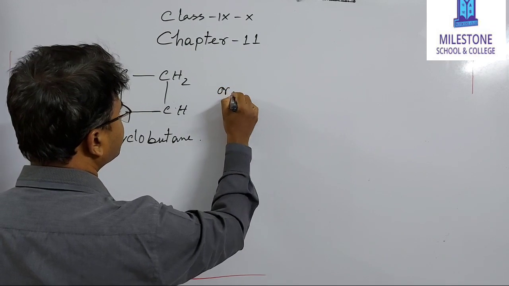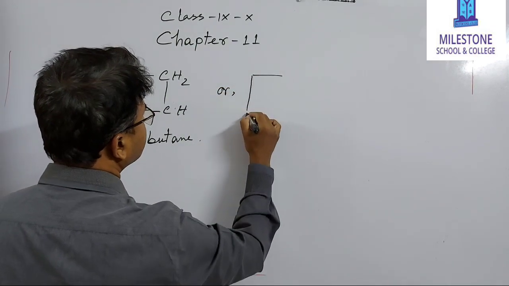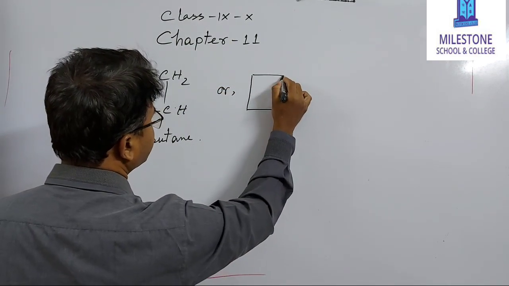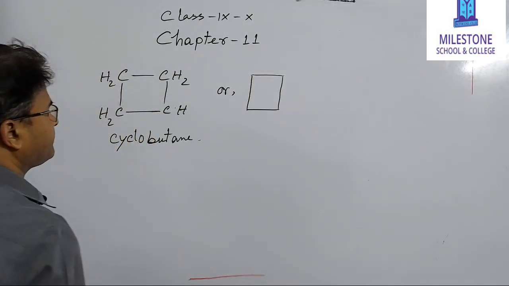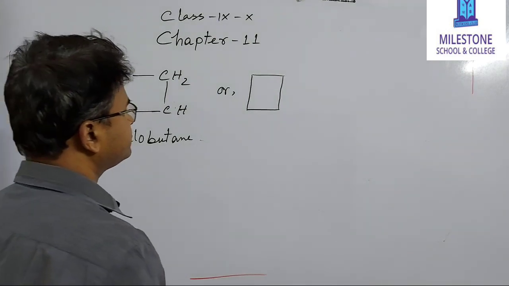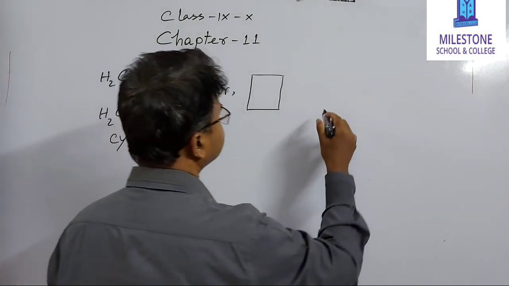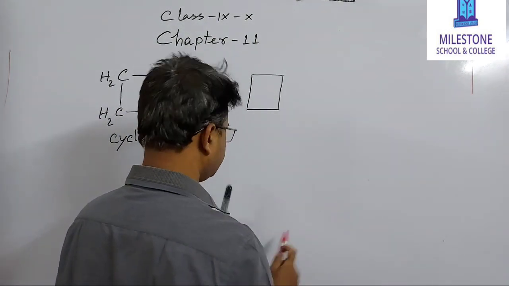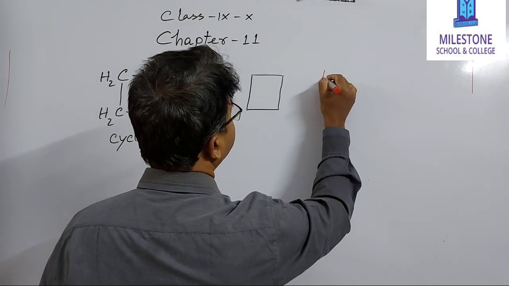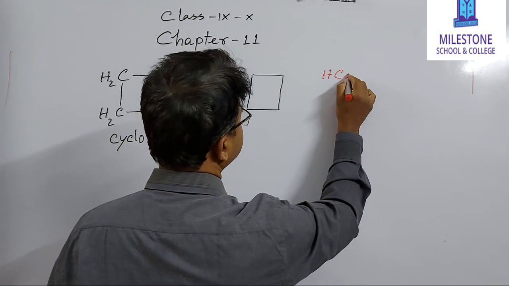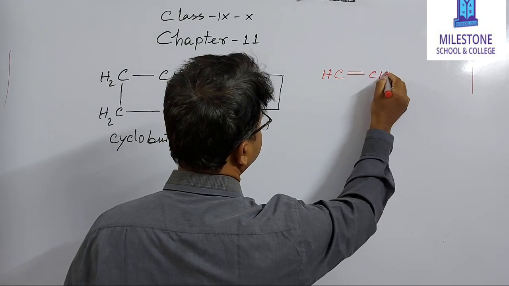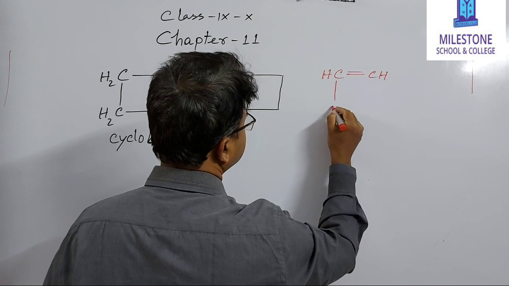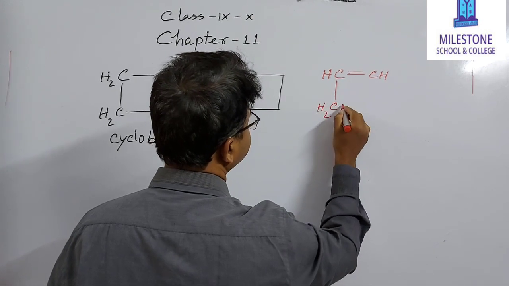Cyclobutane can also be written as just a sign of a square. This is also cyclobutane. And again, if you consider another compound, of course it is also a cyclic compound.